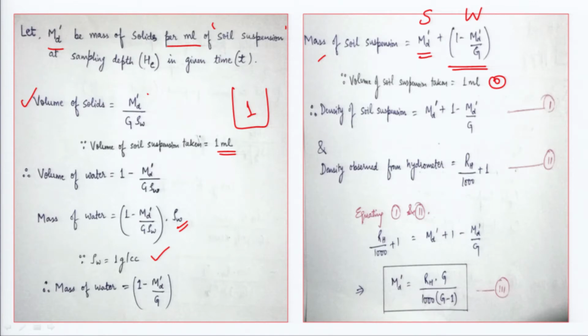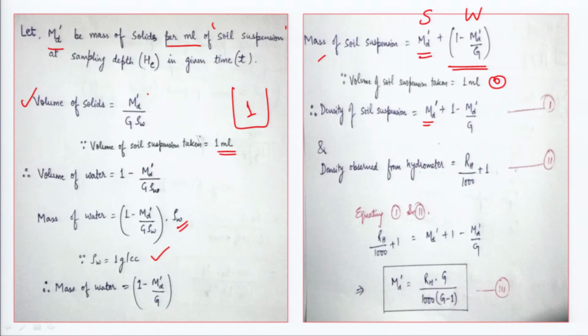So the density of the soil suspension is MD dash plus 1 minus MD dash by G upon 1. So it will be the same as the previous equation, and this is the density of the soil suspension which we have taken into consideration, with the soil solids which have come out in the 1 ml of soil suspension.